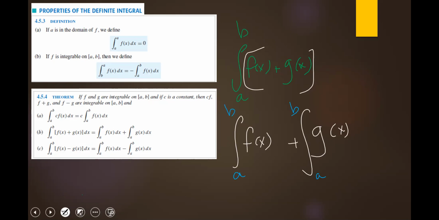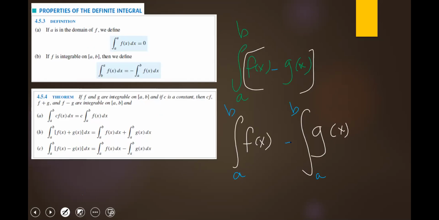And if you have a minus sign between them, you do the same. You just distribute the integral sign. Is it clear? Yes, teacher. Inshallah, in the examples I will show you how we distribute the integral, how we put the constant outside, and so on.